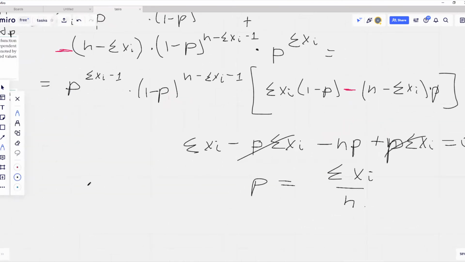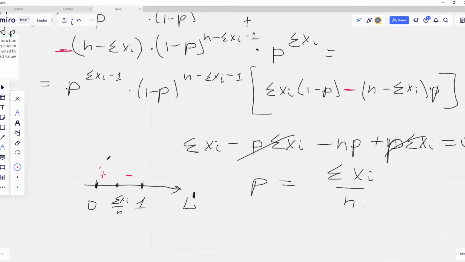Now, our p is defined on the interval from 0 to 1. If you look at the signs of L prime, you will see that this value is some value in between 0 and 1. L prime will be positive here and negative there.